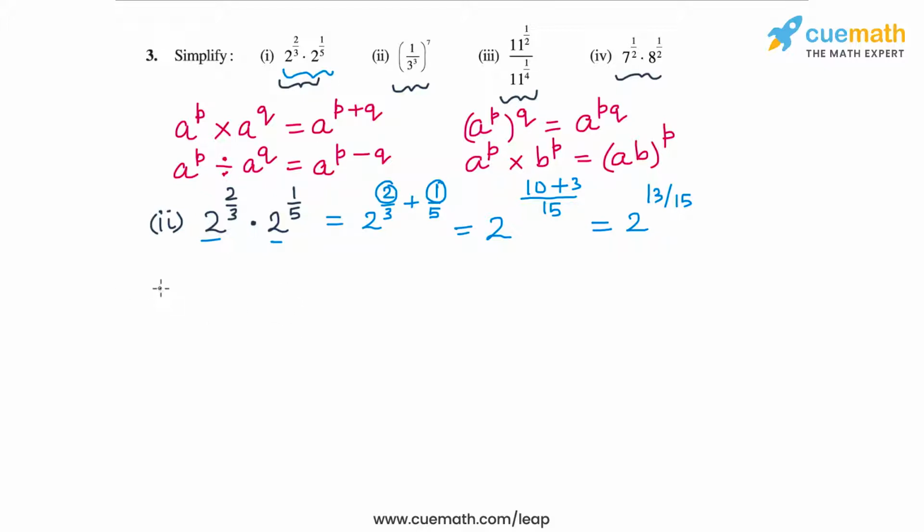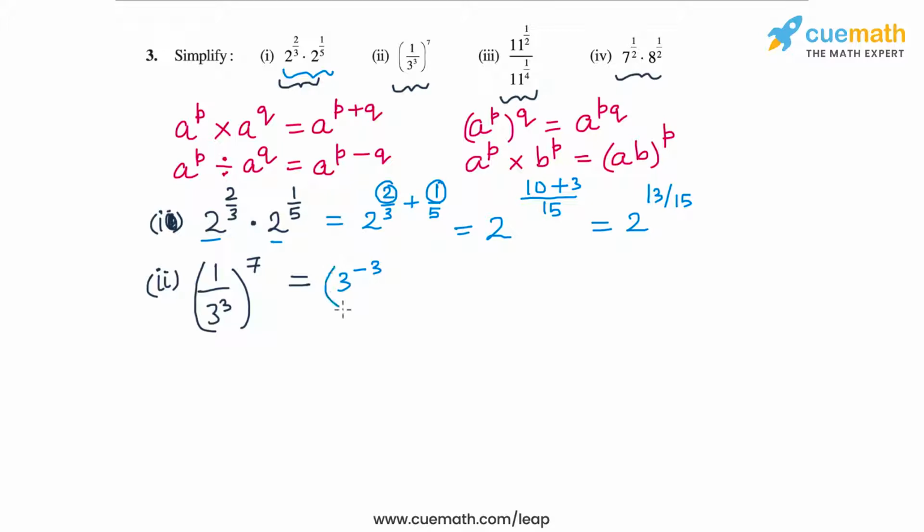Now let's go to the second part. So the second part is 1 by 3 cube to the power 7. Now I can write 1 by 3 cube as 3 to the power minus 3, because 3 to the power minus 3 is 1 by 3 to the power 3.